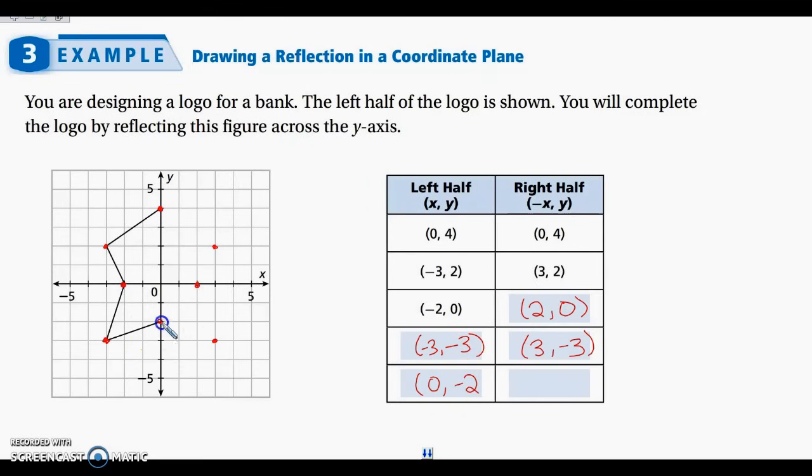That's this one right here. When we negate that 0, it just stays 0, so this point doesn't move. Then all we do from here is connect our dots, and they should be mirror images of each other. Again, any questions you have on that, go ahead and write it down now.